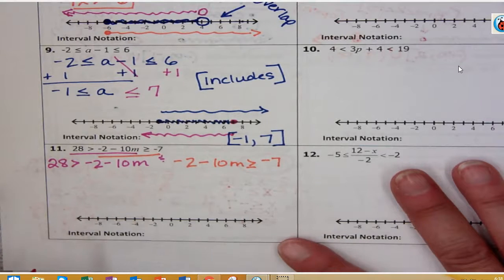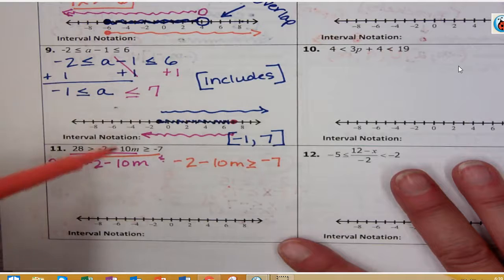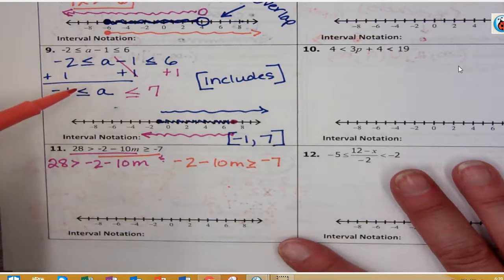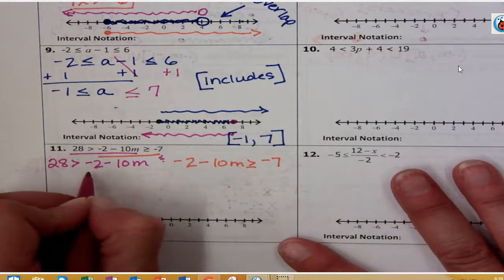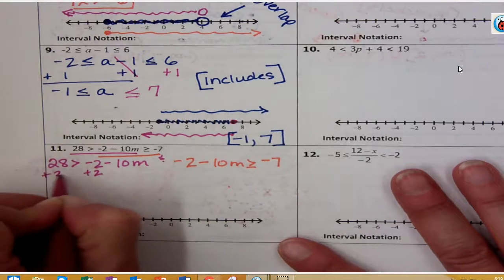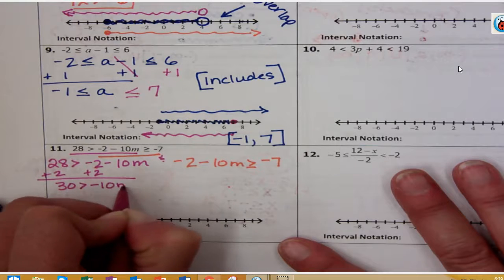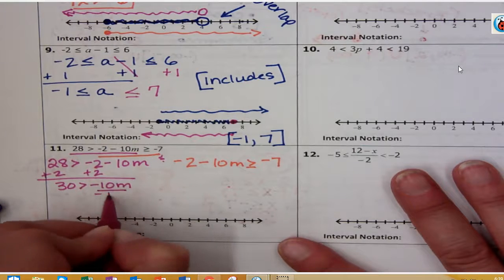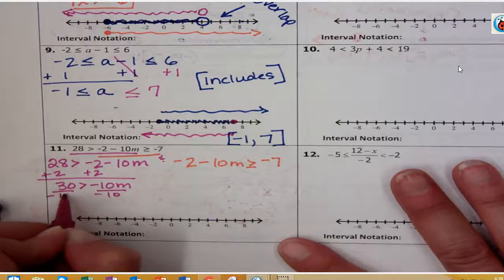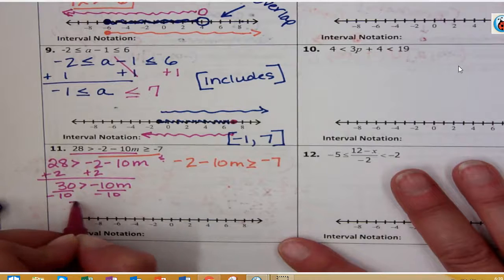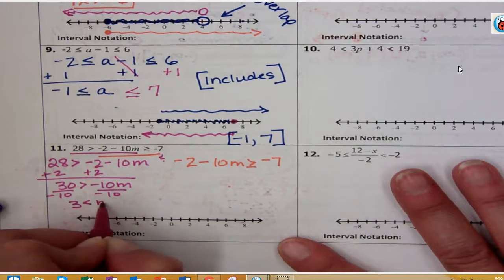And then solve both of those. If you don't want to solve two at once, you can solve them one at a time. So then you would add 2 to both sides, get 30 greater than -10m, divide by -10. Make sure you flip your sign. You get -3 less than m.